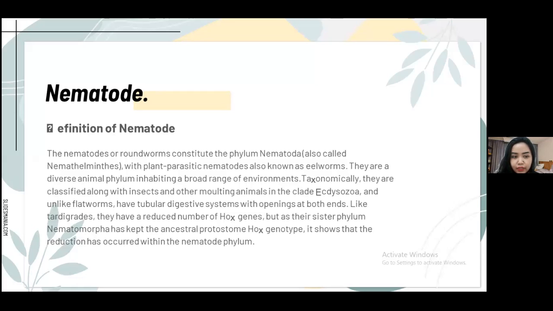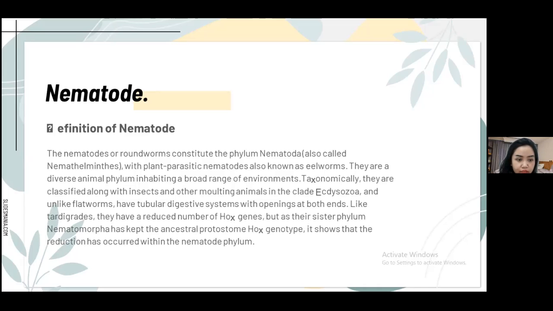They are a diverse animal phylum inhabiting a broad range of environments. Taxonomically, they are classified along with insects and other molting animals in the clade Ecdysozoa, and unlike flatworms, have a tubular digestive system with openings at both ends.